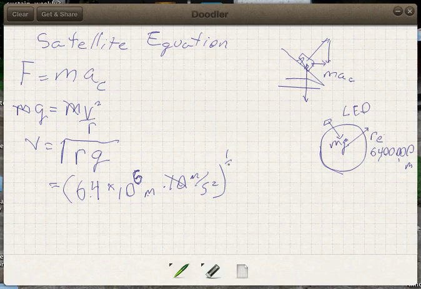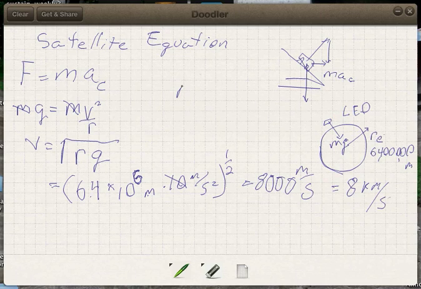We don't like it until we see this in units of meters per second, so the square root of that is meters per second, and the square root of 64 is 8, and the square root of 10 to the 6th is 10 to the 3rd, or 8,000. So that's 8 kilometers per second. That's how fast these satellites are, for instance, the space shuttle in low Earth orbit.